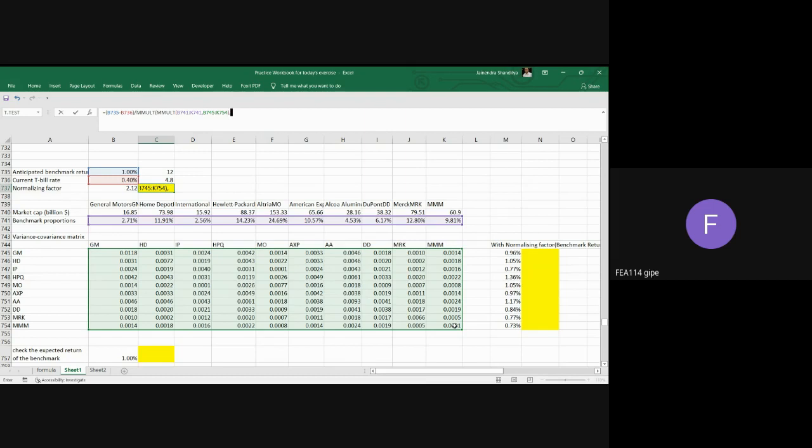The second matrix is 10 into 10. So 1 into 10 multiplied by 10 into 10 will give you 1 into 10. But we want 1 into 1, so 1 into 10 we'll have to multiply with 10 into 1. That's why we are going to do the transpose of this original matrix, the benchmark proportion. Now, if we do this, we'll get a one cell answer, one value, not multiple values, not values in an array.